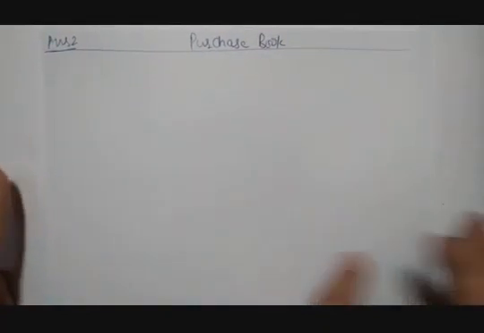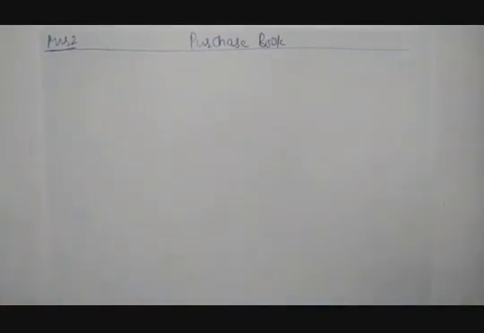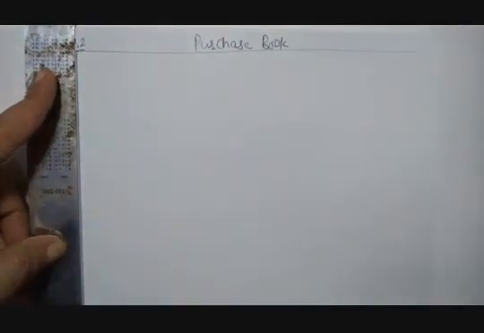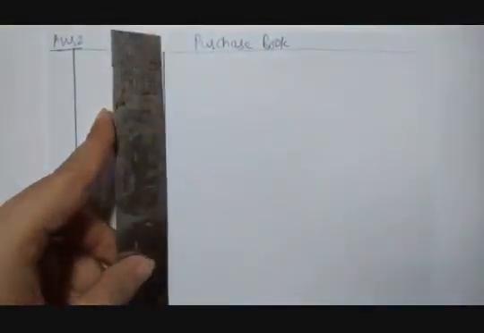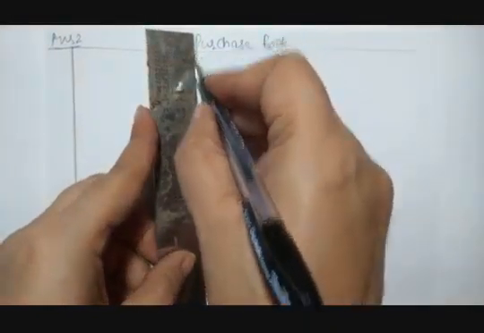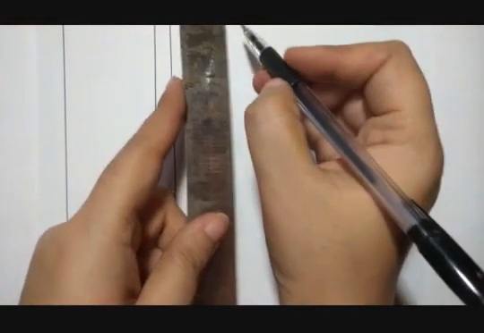First of all, we will have to prepare all the columns: date, particulars, invoice number, ledger folio, detail, purchase, input CGST, SGST, IGST.